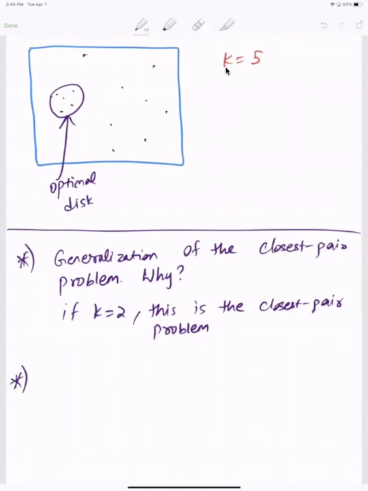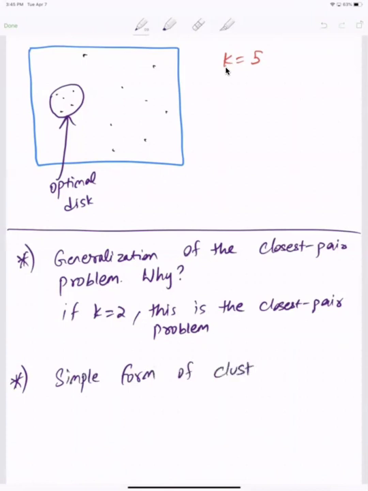It's a very natural generalization. We want to find k points which are very near to each other instead of 2. This problem can be thought of as a very simple form of clustering.